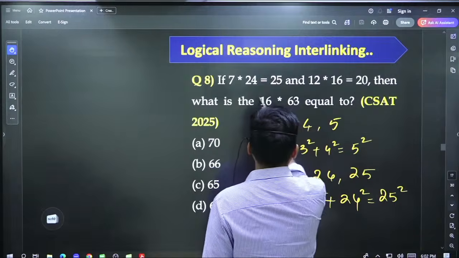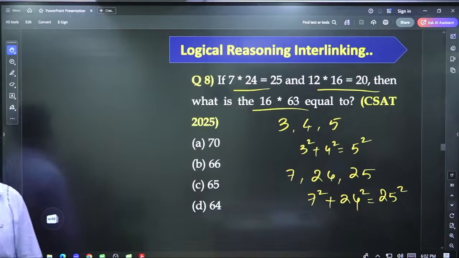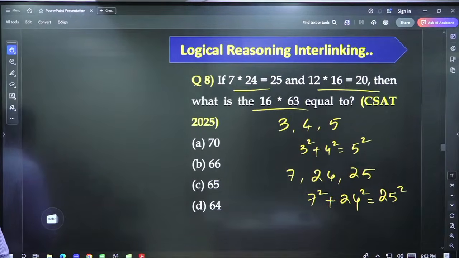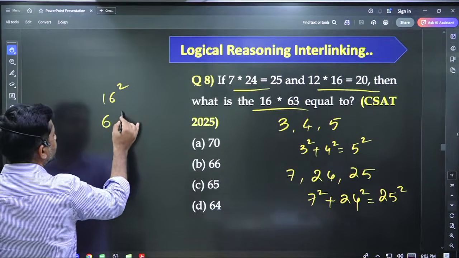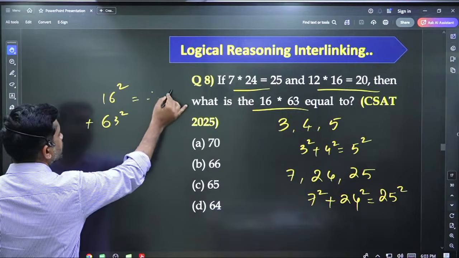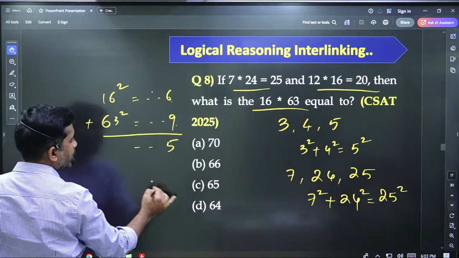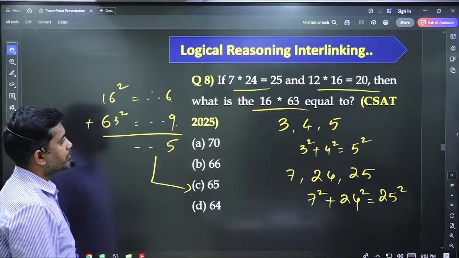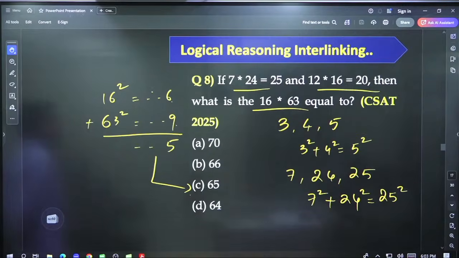They are Pythagorean triplets, right angle triangle sides. 16 square plus 63 square. Here 3 square means 9. 9 plus 16 is 25, 5 means option C. Done.